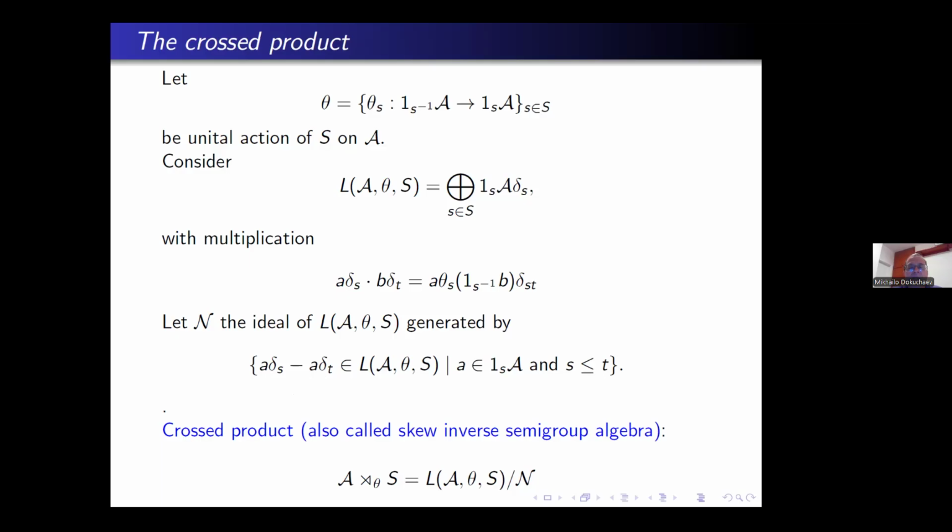So we take the ideal generated by this set of redundancies and we factor it out. That gives some difficulty, maybe inconvenience, in the definition of the crossed product. So the crossed product by theta is this quotient, but this is the definition which fits nicely with representation theory.